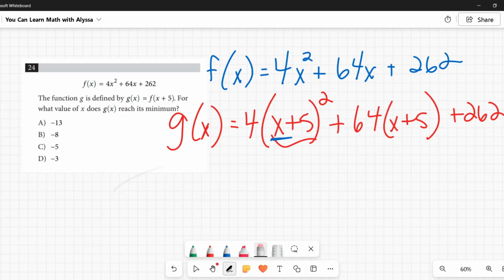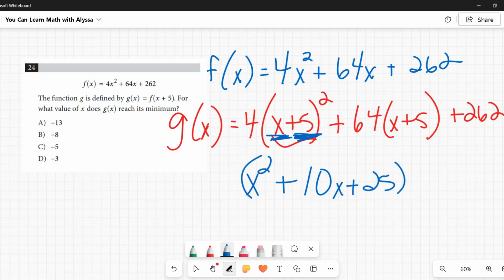So this is my a, that's my b. First my a squared is x squared. Then it's 2 times a times b, 2 times x times 5, which is 10x. And the last one is 5 squared, which is 25. And all that is still times 4.